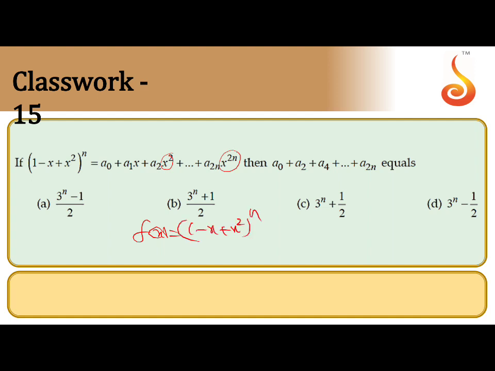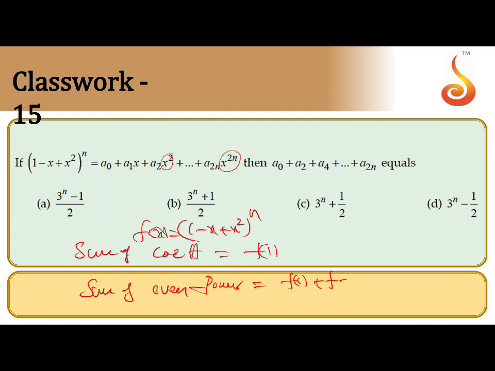I told you the sum of all coefficients is f(1). Just remember here: the sum of coefficients is f(1). The sum of the even powers of x's coefficients equals (f(1) + f(-1))/2. Sum of odd powers.